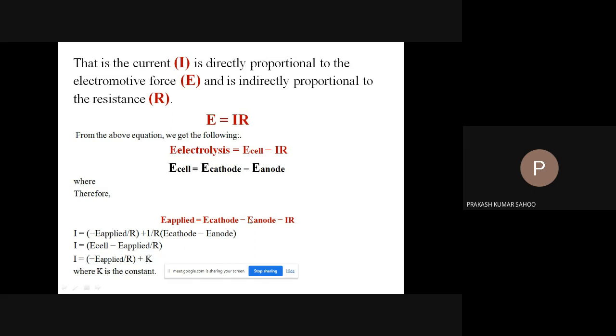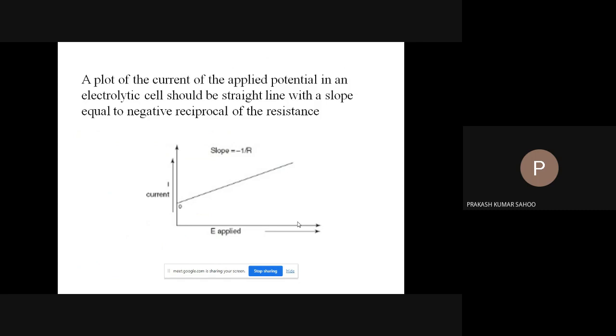So by using this standard equation, we can calculate both the current as well as the resistance of the cell, and this is known as the current to applied electricity plot.